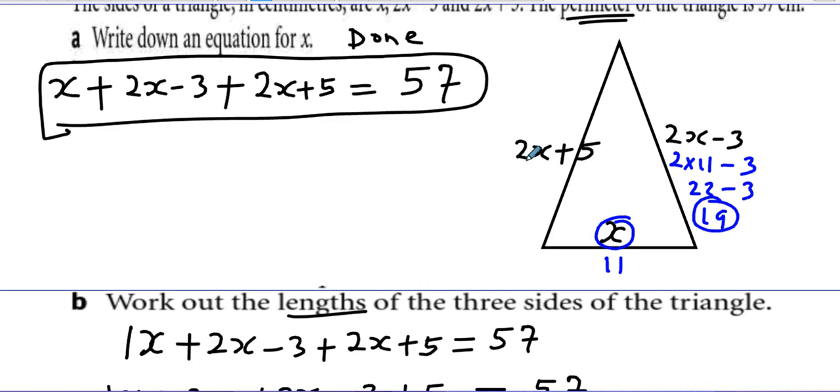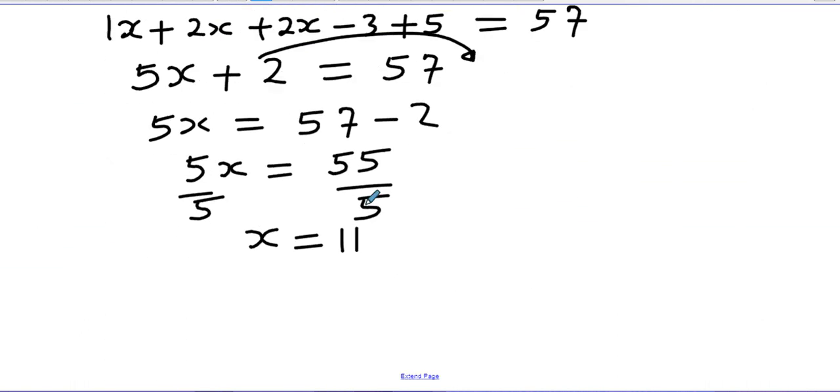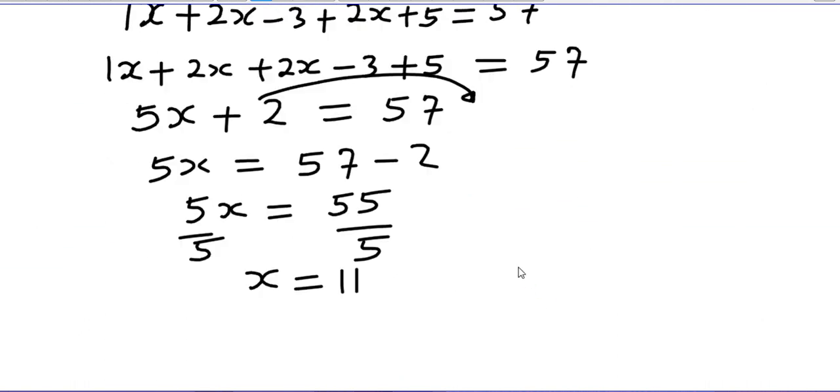How about this side? 2x plus 5: 2 times 11 is 22, plus 5 is 27. So this side is 27. So we have 27 over here, 11 over here, and 19. Work out the length is done.